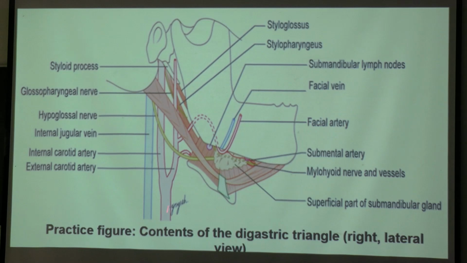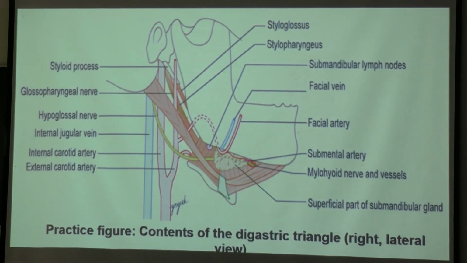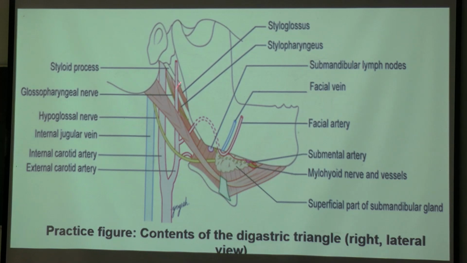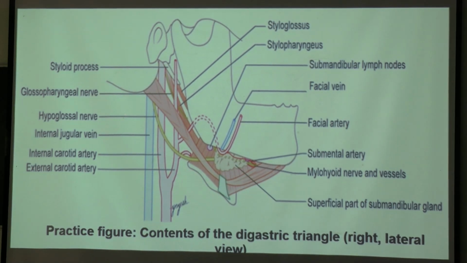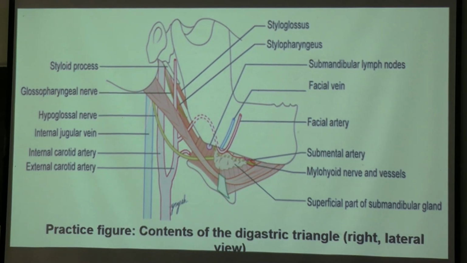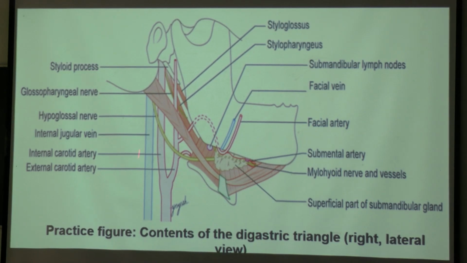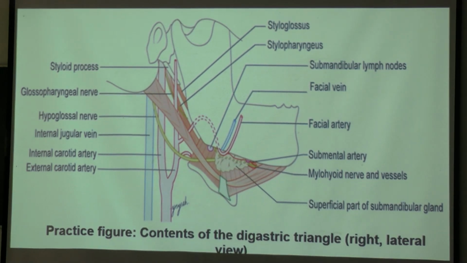And this is the common carotid artery dividing into internal carotid and external carotid. Remember, the artery which is giving branches is the external carotid. Internal carotid does not give any branch in the neck. And the vein is the internal jugular vein, and in between the artery and vein at a deeper plane lies the vagus nerve.